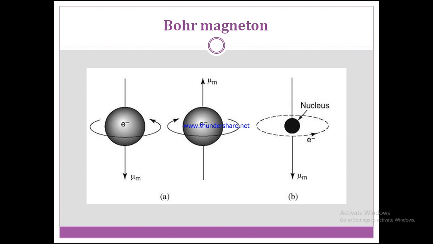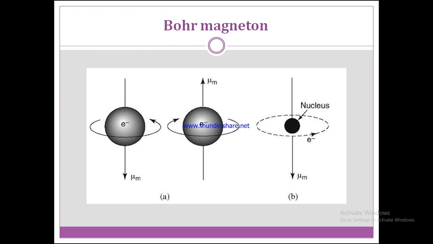The electrons present in that orbit move around the nucleus as well as spin around themselves, and according to that, a magnetic moment is present in that material. Now in figure B, the nucleus is indicated with a black circular spot.